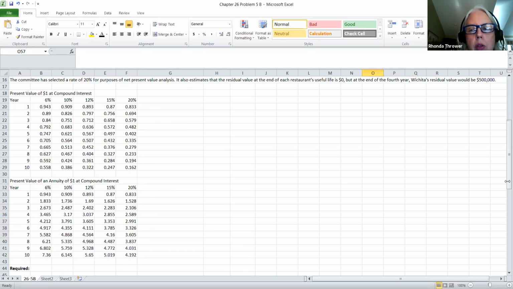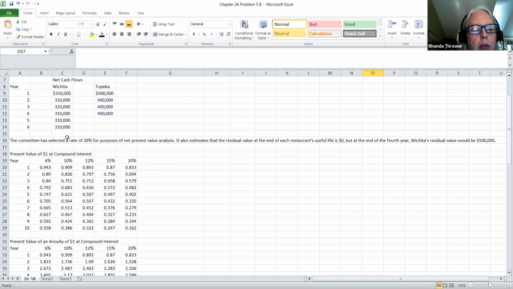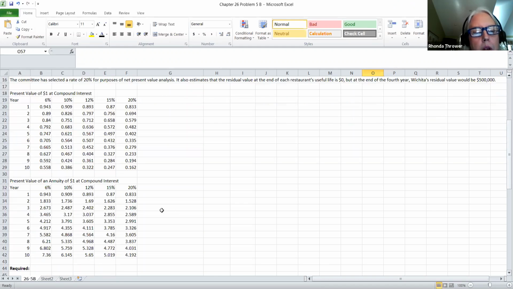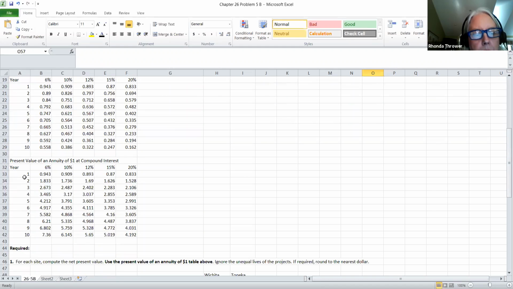For the first restaurant, which is the Wichita restaurant, since they have 6 years of useful life, we're going to go down 6 years and across to 20%. Do you see this table value here of 3.326? We're going to use this in our present value analysis.